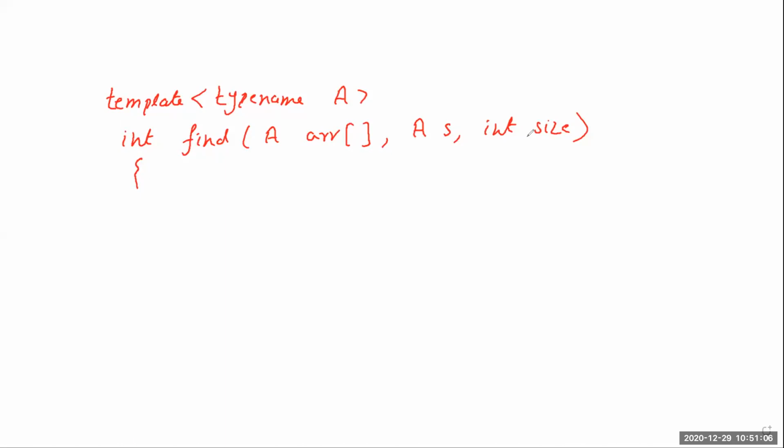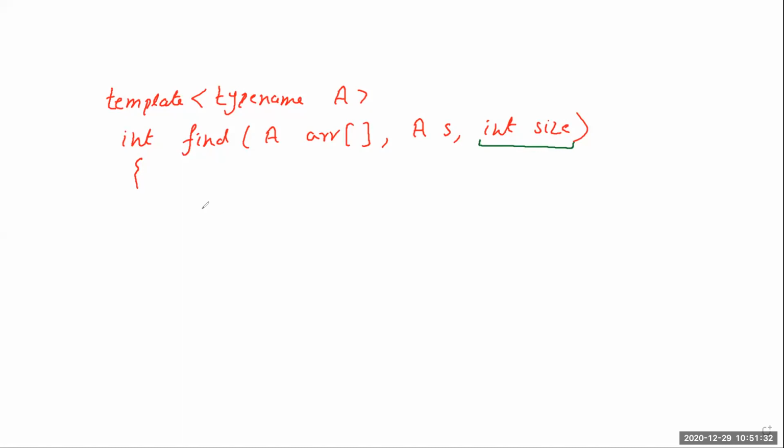But whether the array is of integers, floats, characters or points, the size of the array is always an integer, right? So that's why you see an integer here. Please don't think that when you are doing templates and writing typename a, everything has to be a. Here we have perfectly an integer, because whatever the type of the array, its size will always be an integer.